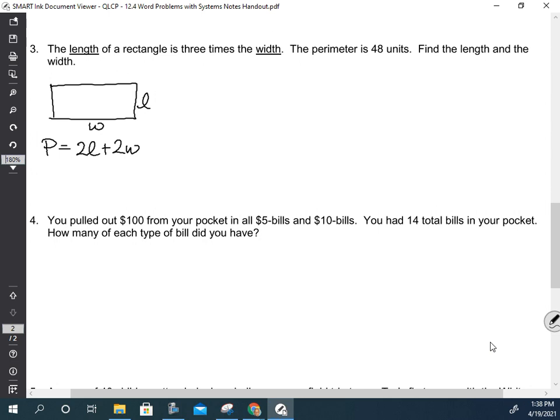They're telling you in the problem, find the length and the width. So length, x, width, y. Use x and y because those are the most common variables. You don't want to use x and y? Be my guest.